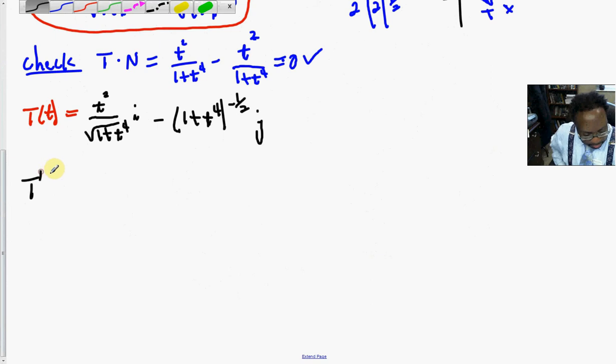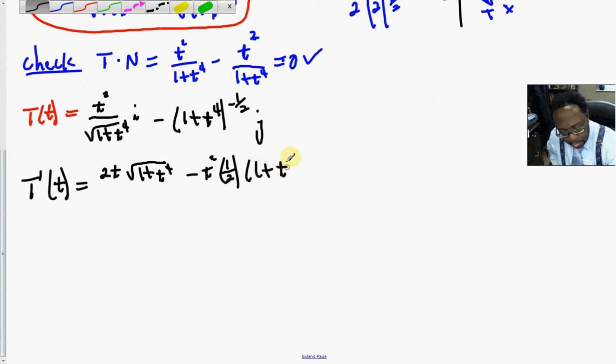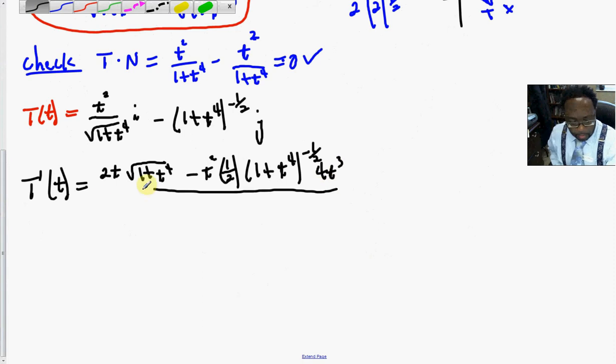So T prime of t, use the quotient rule, so we get 2t times the square root of 1 plus t to the 4th minus t squared times the derivative of the denominator, so that's a 1/2 times 1 plus t to the 4th to the negative 1/2 times 4t to the 3rd, all over our denominator squared, 1 plus t to the 4th.